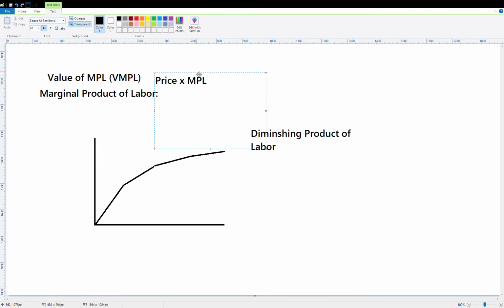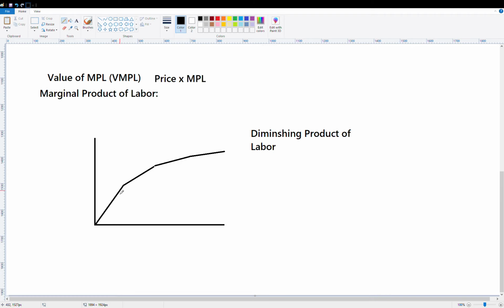So let's just assume the marginal product of labor right here is 5 units, and the price was $3. So 5 times 3 would be equal to 15. That's the value of marginal product of labor. That's the extra revenue that a firm gets if they hire a person.